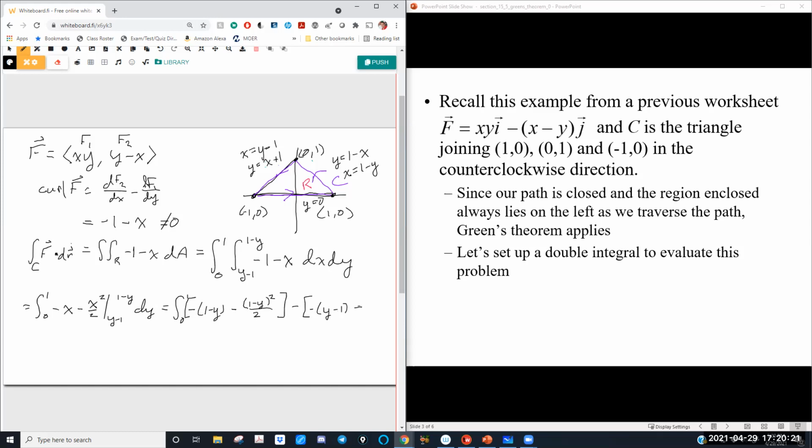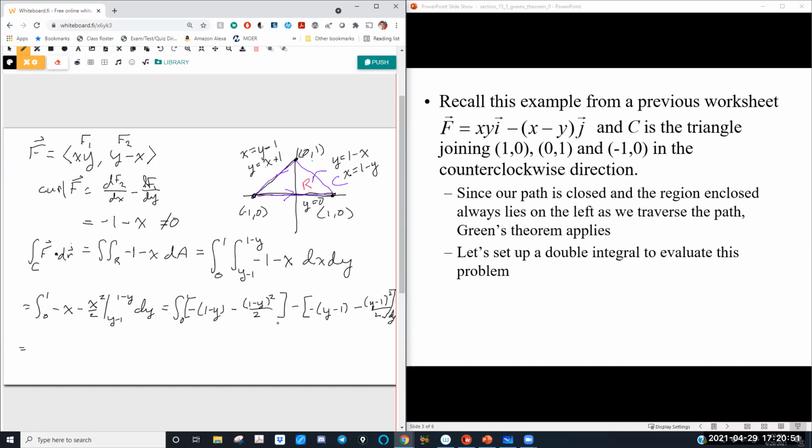So y minus 1 minus, and then 1 minus y squared. So upper, lower, y minus 1. Sorry, I got that backwards again. I am backwards today for some reason. Apologies. Y minus 1 squared over 2. Didn't really leave myself much room for my dy there at the end.